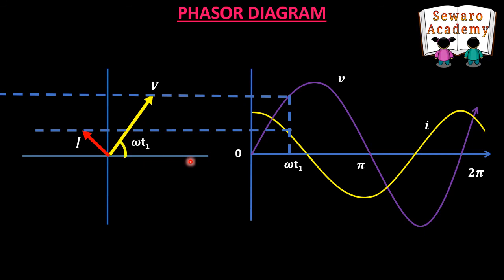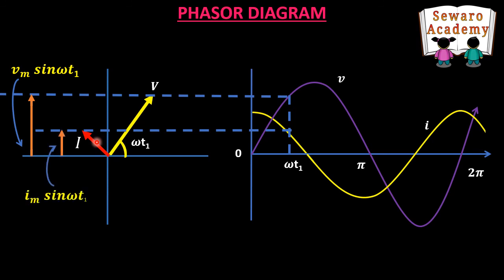Here also the vertical component of the voltage represents the sinusoidally varying voltage, which is given by V equals Vm sin omega t1, and the vertical component of this phasor I represents the sinusoidally varying current, which is given by I equals Im sin omega t1.